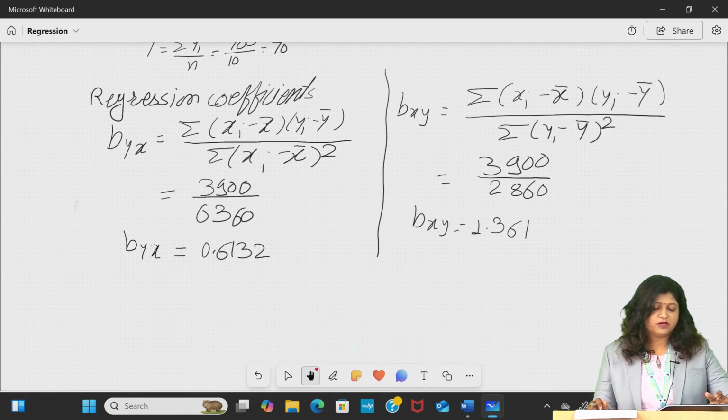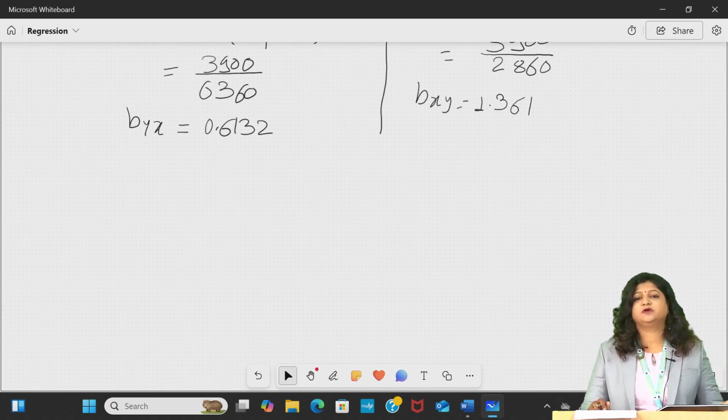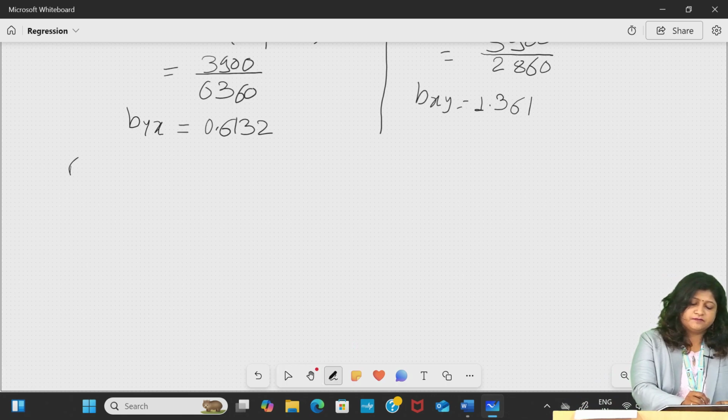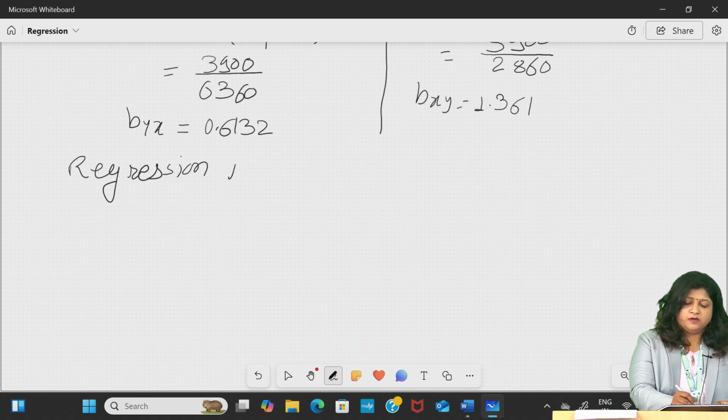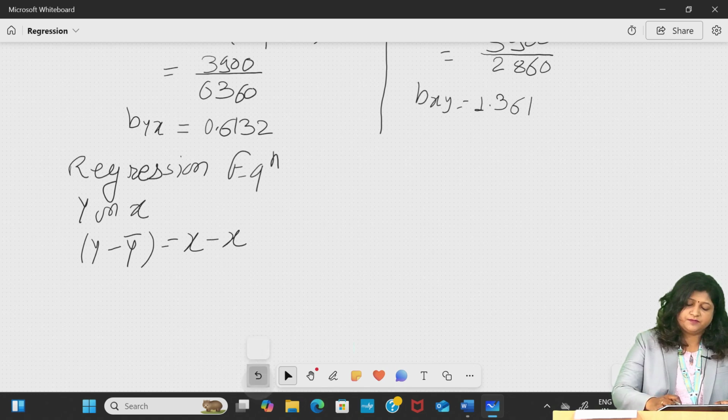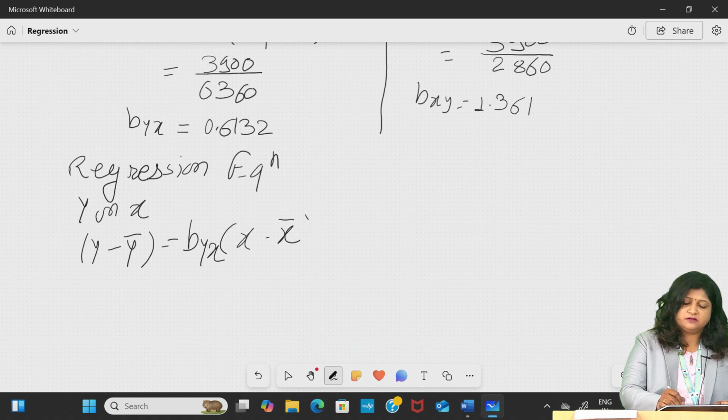Now we are going to calculate the corresponding regression equations. The regression equation of y on x is y minus y bar is equal to byx into x minus x bar.